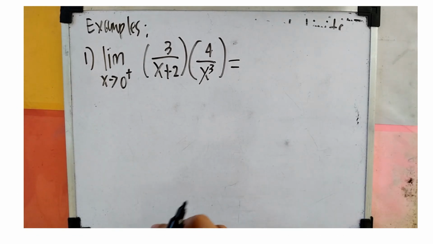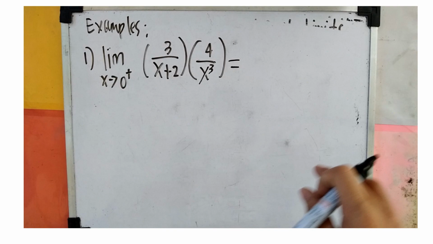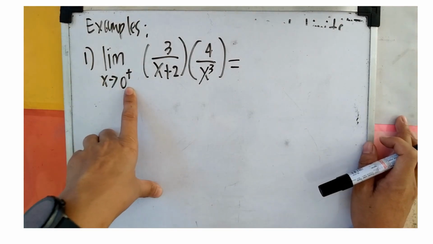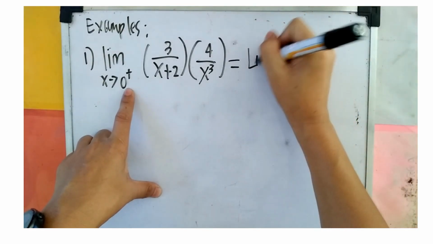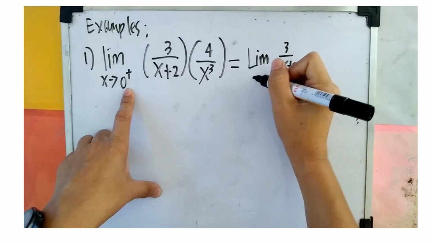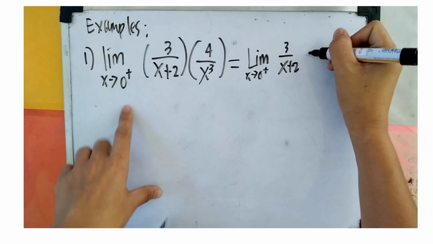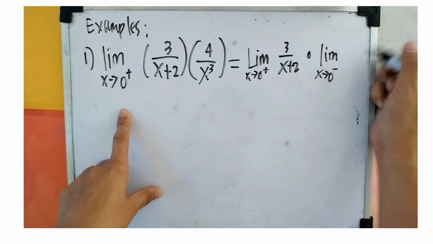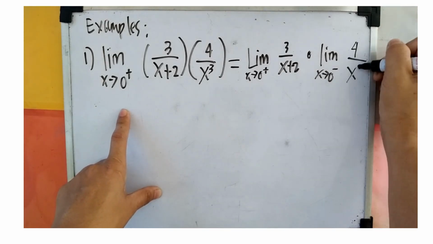Okay, applying rule number 2 for the product involving infinite limits. How to solve this one? The limit of 3x plus 2 as x approaches 0 from the right, times the limit, isa-isahin natin, as x approaches 0 from the left of 4 over x cubed.